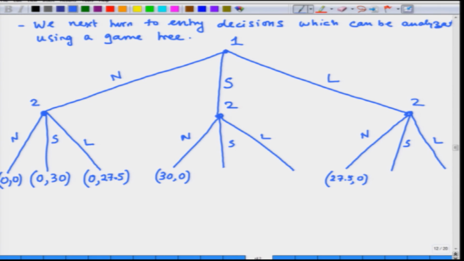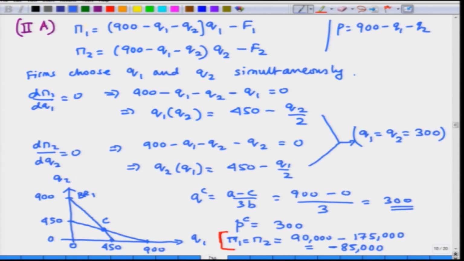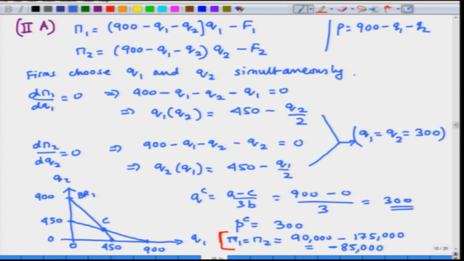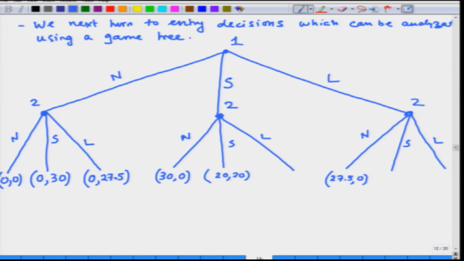So, essentially firm 1 gets 20, firm 2 gets 20, whereas if each did not have any capacity constraint, which corresponds to 2A, then their profit is actually minus 85,000, right. So, if both have invested in large capacity, they both earn minus 85 comma minus 85, right.